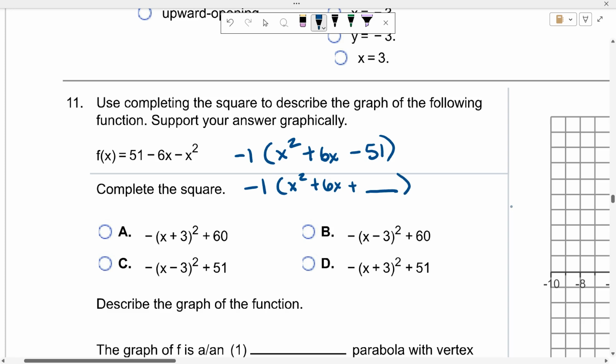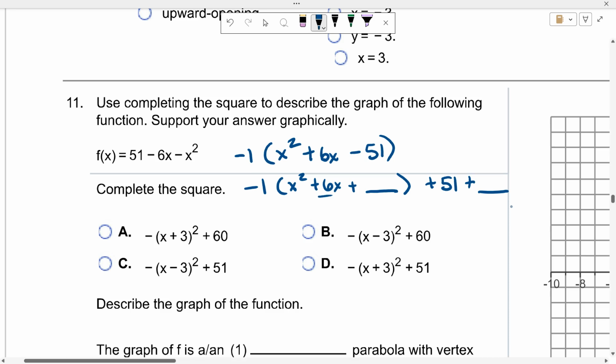And then if I pull the negative 51 out of the parentheses, it becomes positive 51 again, because a negative 1 times a negative 51 becomes a positive 51. Okay? So then I'm going to subtract blank, which is really, I'm going to add blank because there's a negative 1 involved. The negative 1 really confuses things.